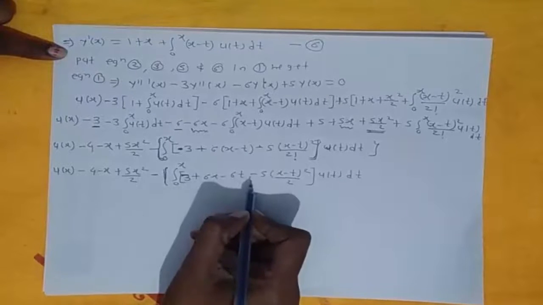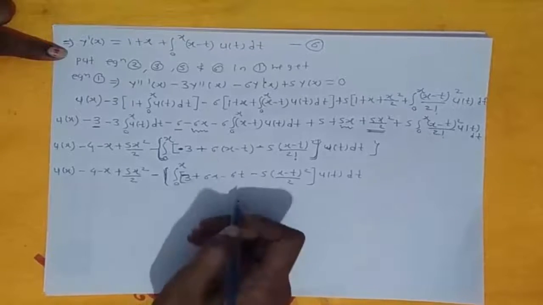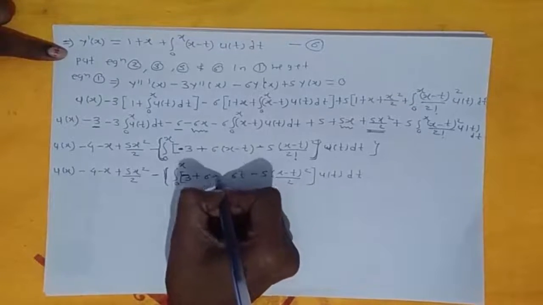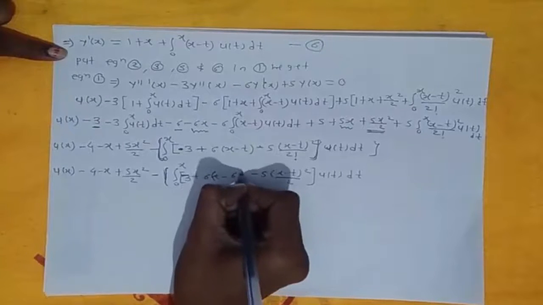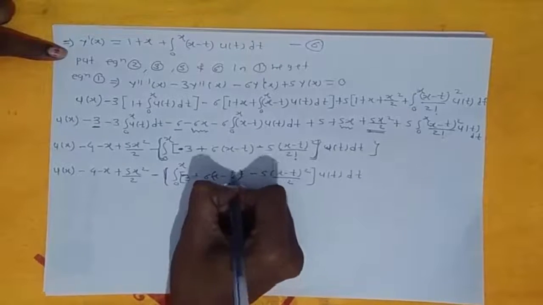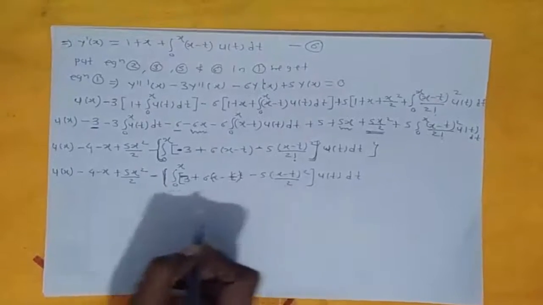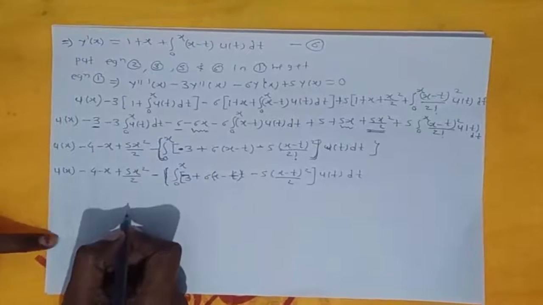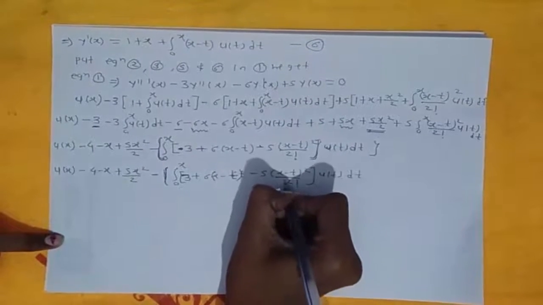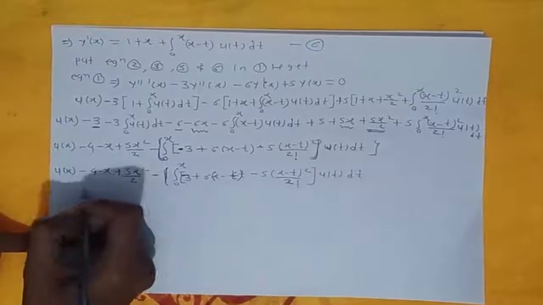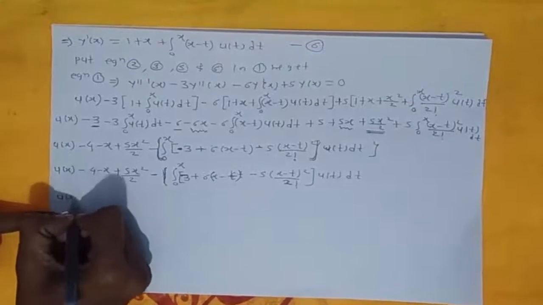We can solve this bracket, or we can write it as it is. It is not necessary. Therefore we write this term as it is, that is 6(x minus t) minus 5(x minus t) bracket square divided by 2 factorial into u of t dt. Then we get u of x.